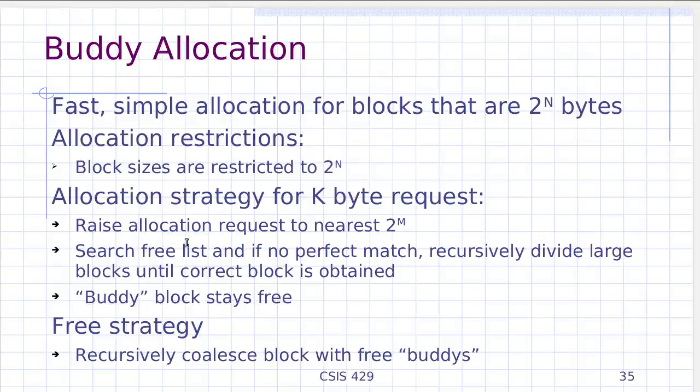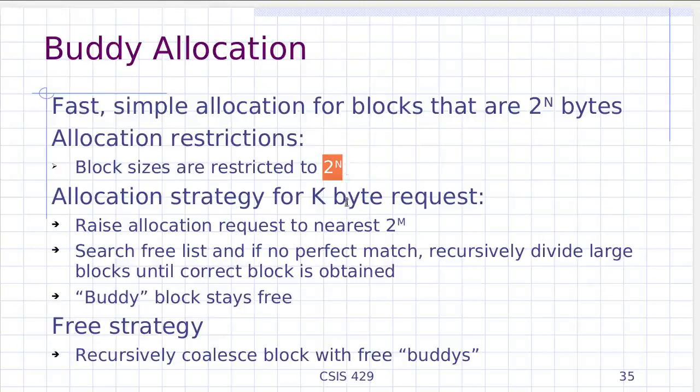Okay, another kind of allocation scheme that is actually used in Linux is called buddy allocation. The idea behind it is very simple: you use blocks whose size is some power of 2. So there is a restriction: no matter what your request is, you're going to allocate block sizes that have to be some power of 2.